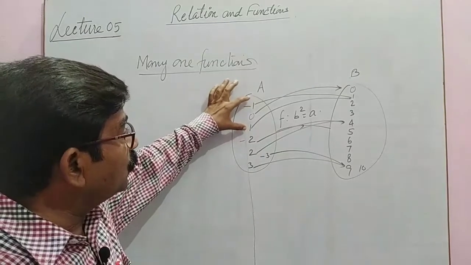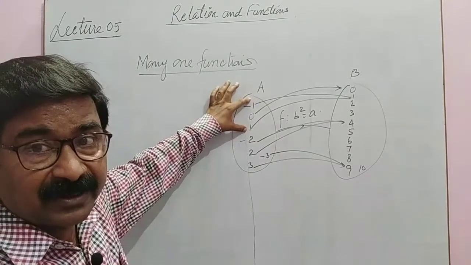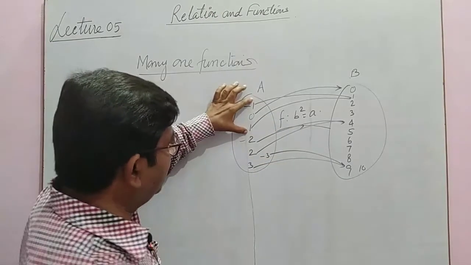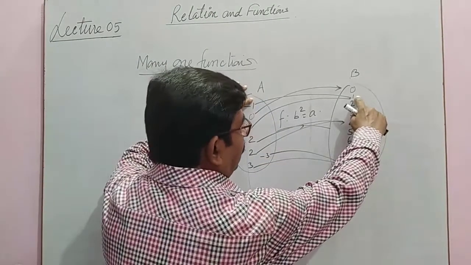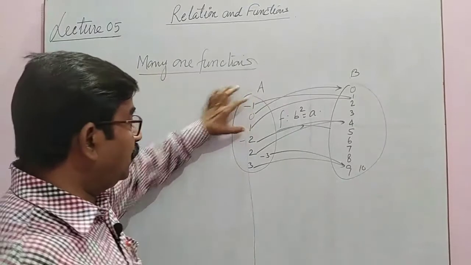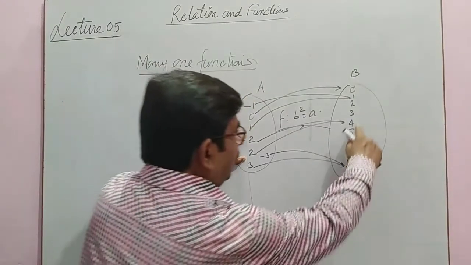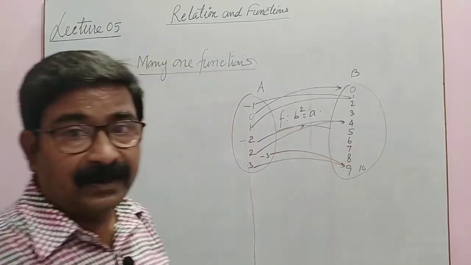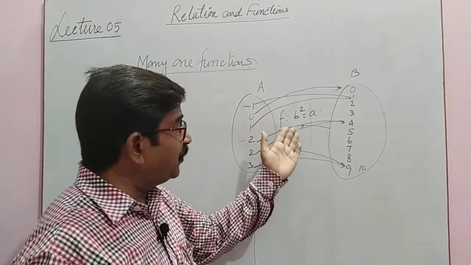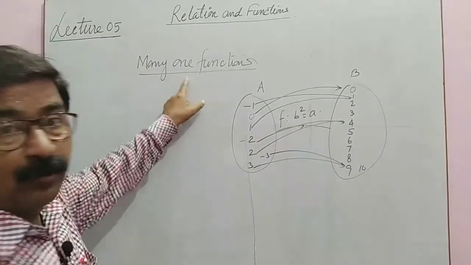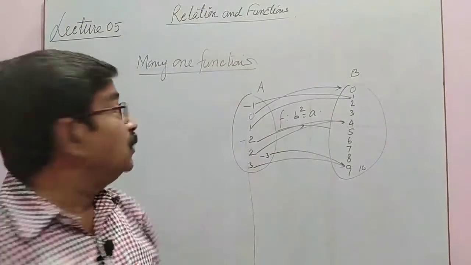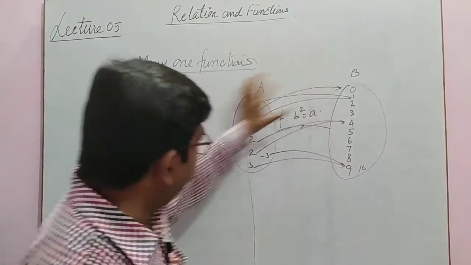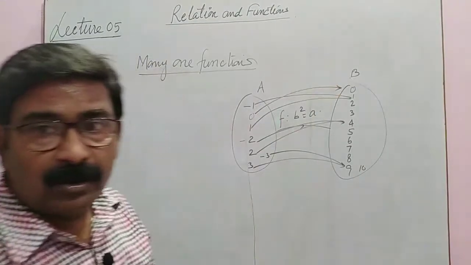When we have more than one element in the first set having the same image in the second set, -1 and 1 have image 1, -2 and 2 have image 4, -3 and +3 have image 9. So this is many-one. Many to one. This is called many-one.